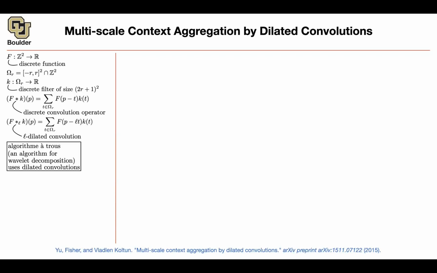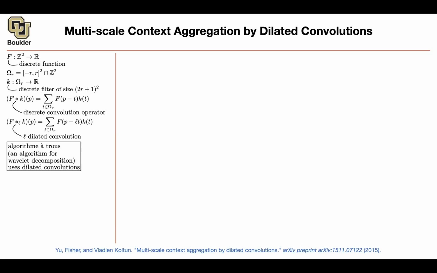And for this paper, it's very important for them to make a distinction among the terminology. Some people use atrous convolutions, some people use dilated convolutions, some people use convolutions with holes, etc. That's okay. You're going to see that in different papers.